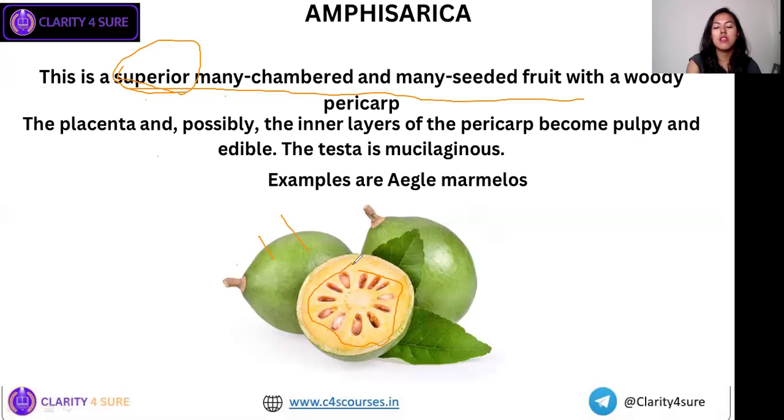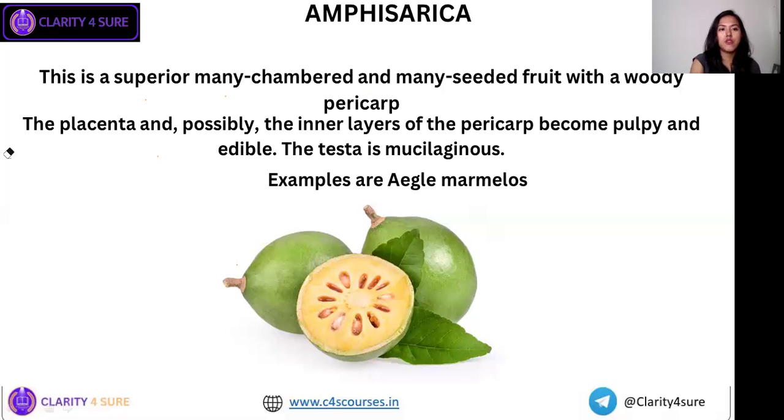This is the placenta and the inner layers of the pericarp. These are edible and they are pulpy. The testa is mucilaginous. Example of amphisarca is Aegle marmelos, which is our main concern. What is the example of amphisarca? Wood apple or bael, or the scientific name is what? Aegle marmelos, right? So these are the major modifications of berry.